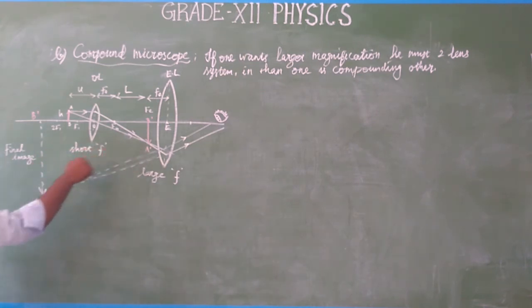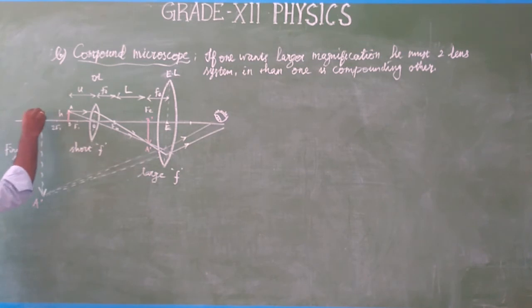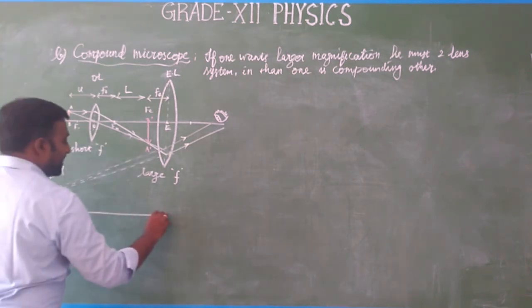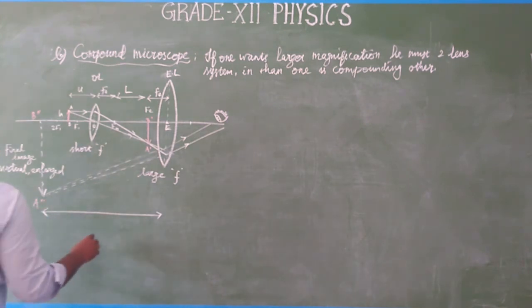If this is the object, the final image is A double dash B double dash. This is the final image distance, and this is the least distance of distinct vision.